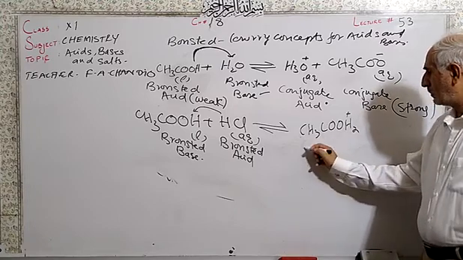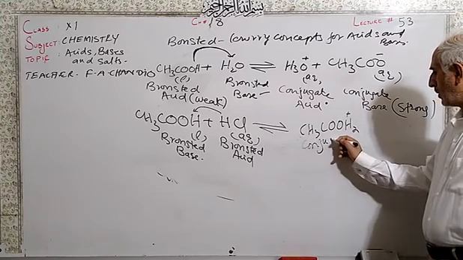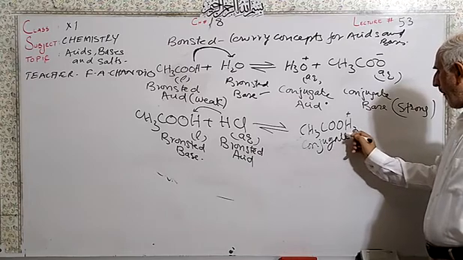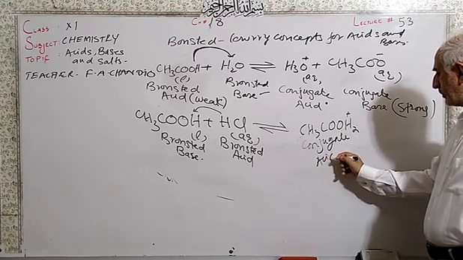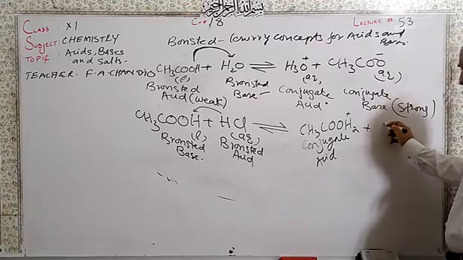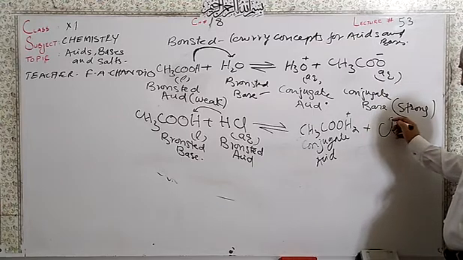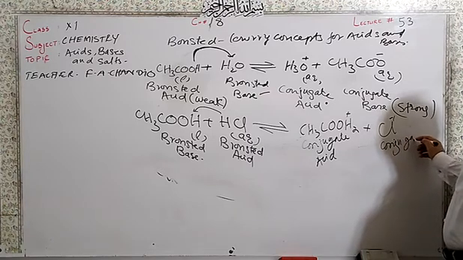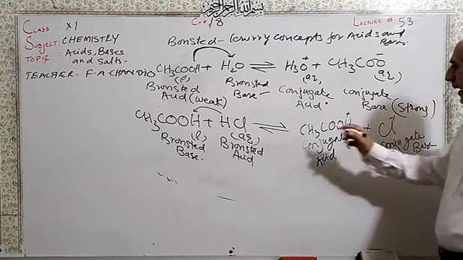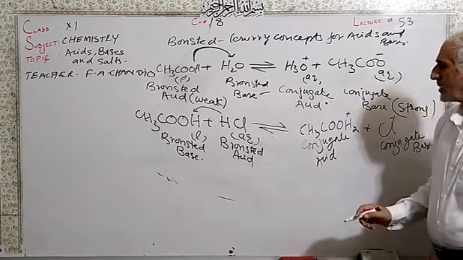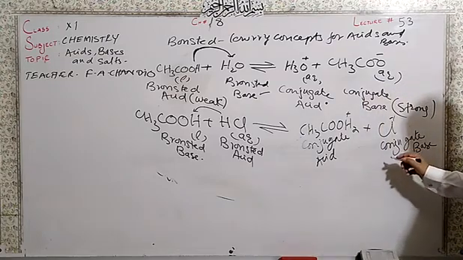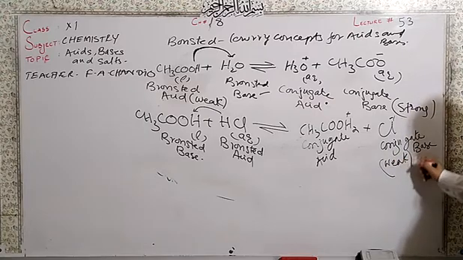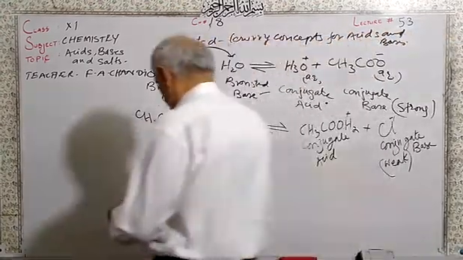This is the conjugate acid, and chloride is the conjugate base. And strong acids always have a weak conjugate base.